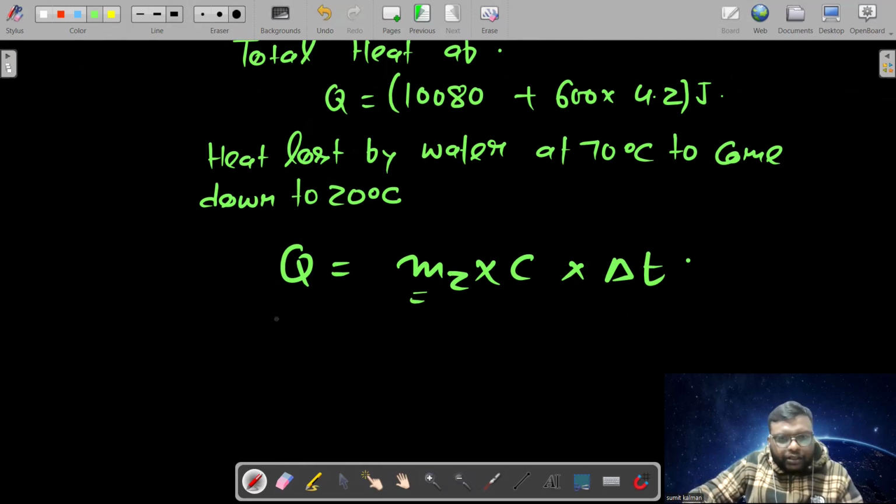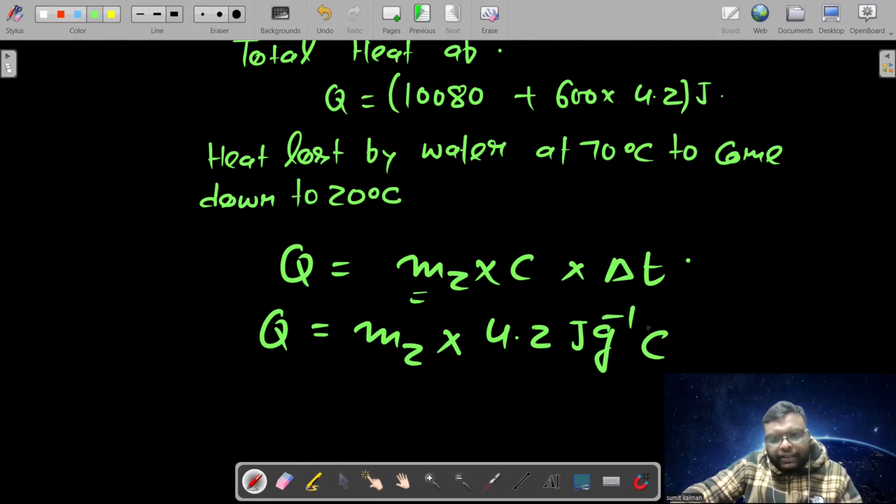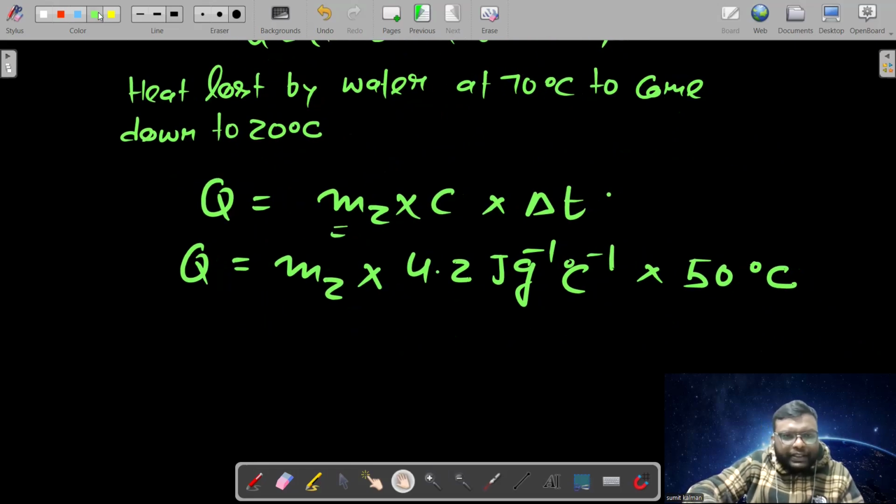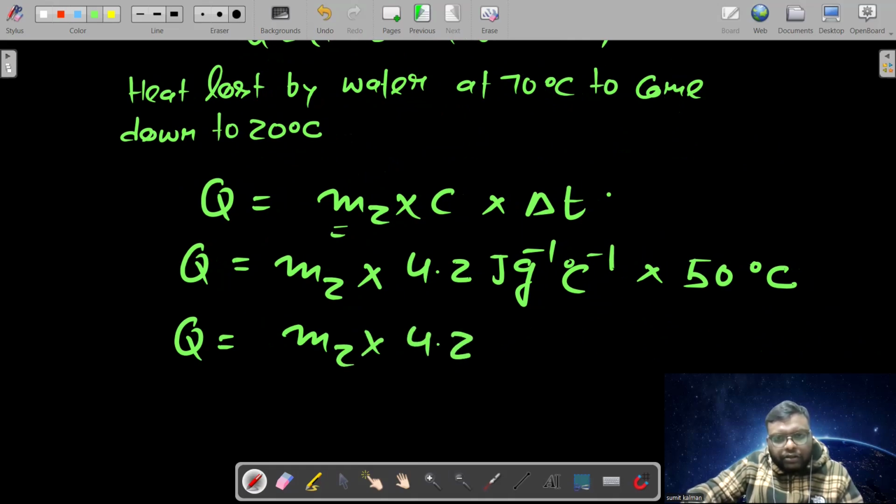So here Q is equal to M2 into specific heat capacity of water, which is given as 4.2 joule per gram per degree Celsius, into change in temperature, and here change in temperature is 50 degrees Celsius, 70 minus 20. So if you simplify this, it will become M2 into 4.2 into 50 joule.